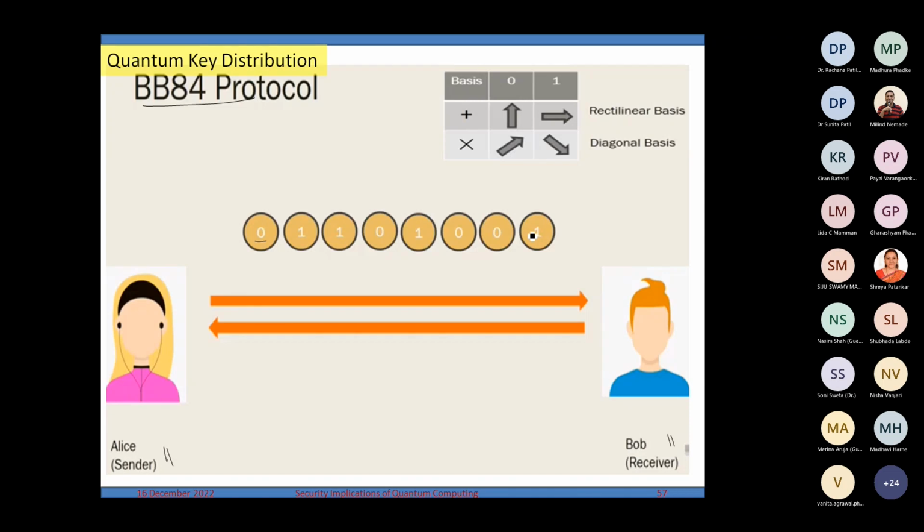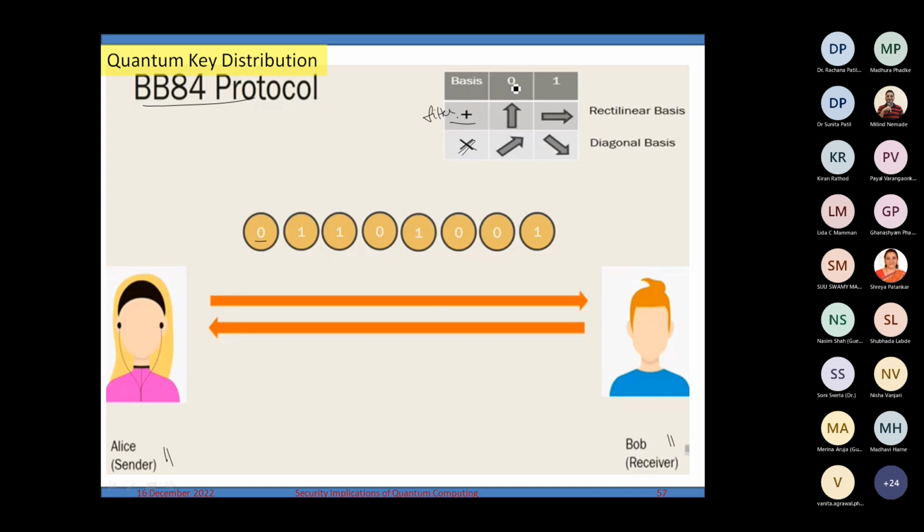While implementing that ray of light, Alice is going to put a filter. That filter is called the basis. The filter looks like a rectilinear, vertical or rectangular filter, which is represented as plus, or a diagonal filter which is represented as X. These are all filters, or you call them bases.